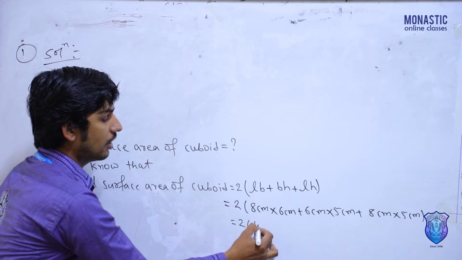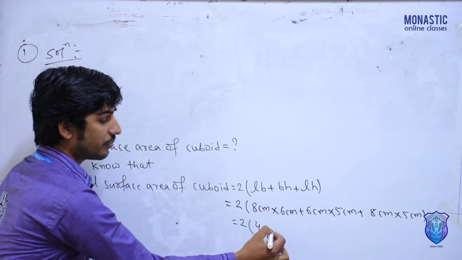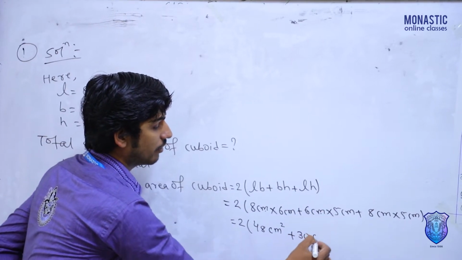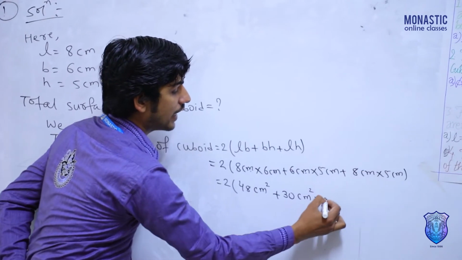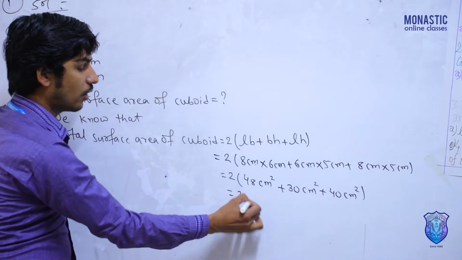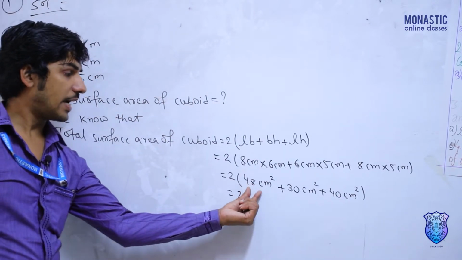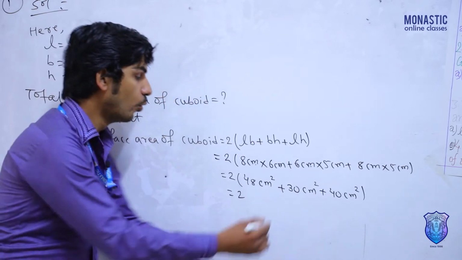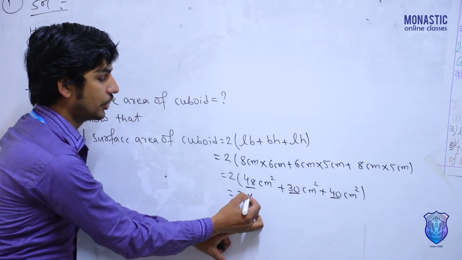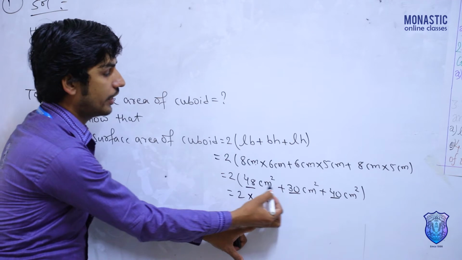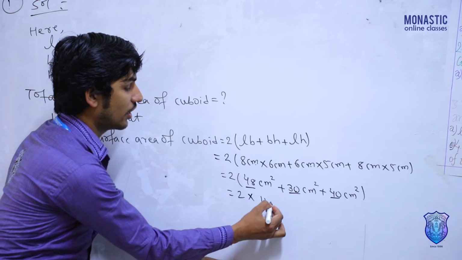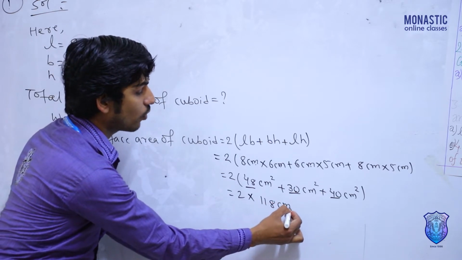See, 8 times 6 are 48 square cm, 6 times 5 are 30 square cm, 8 times 5 are 40 square cm. Now inside the bracket we have to add 48, 30 and 40, with 2 into it. 48 plus 30 is 78, and 78 plus 40 is 118 square centimeter.